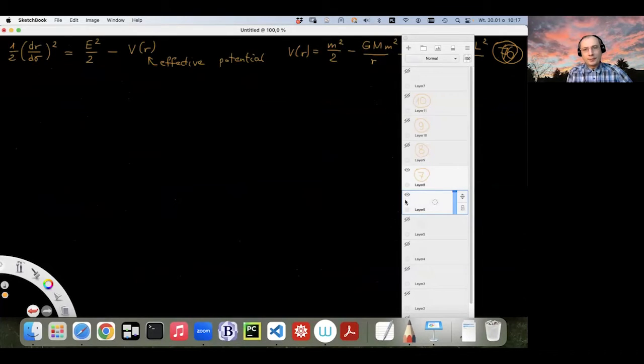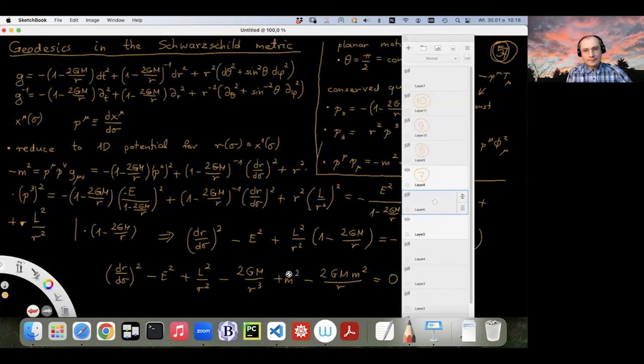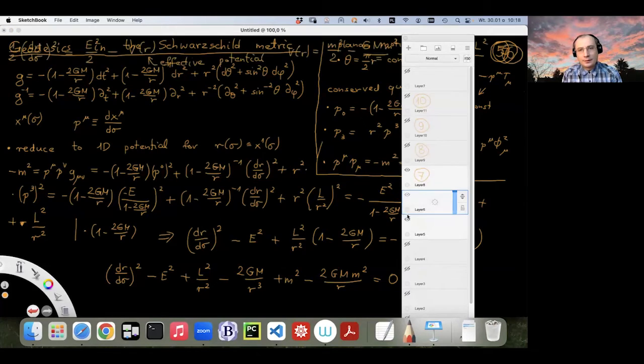Then there's the quadratic term with a plus, L squared over 2r squared.